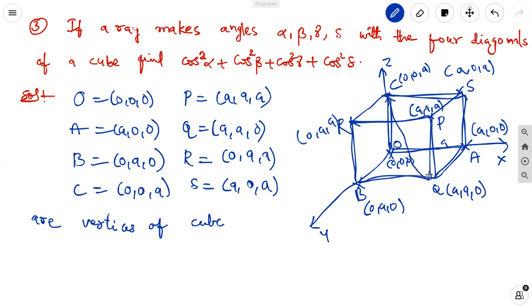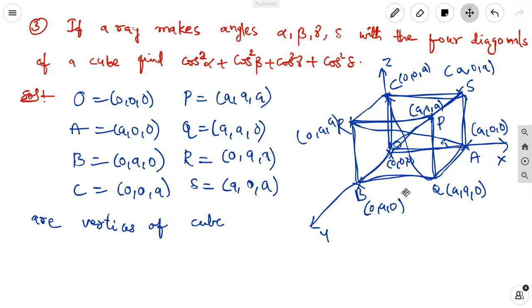C to Q is one diagonal, top to bottom. Here bottom to top is another. Here back side to front, this is the next, P to O, and this R to A. Four diagonals are there.